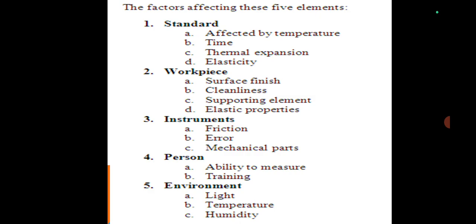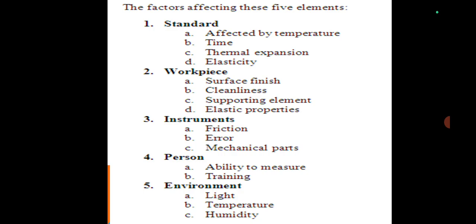Then the factors affecting these 5 elements. First one is standard. Standard is affected by temperature and time, thermal expansion and elasticity. Second one, the workpiece is affected by the following: surface finish, cleanliness, supporting elements and elastic properties.